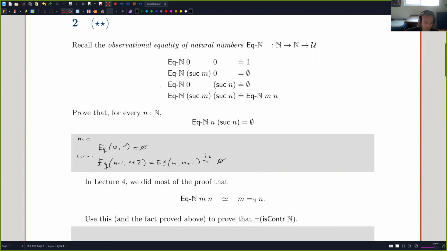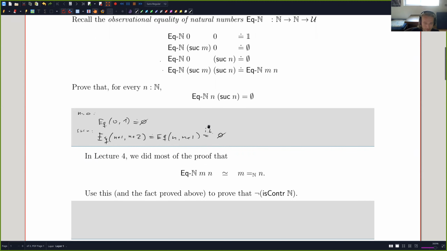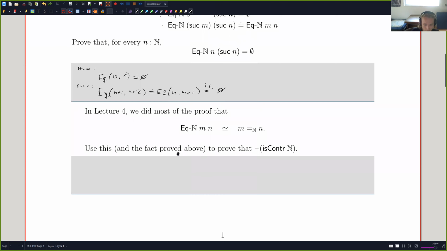But here the equality is not judgmental anymore. Okay, so that's not surprising.